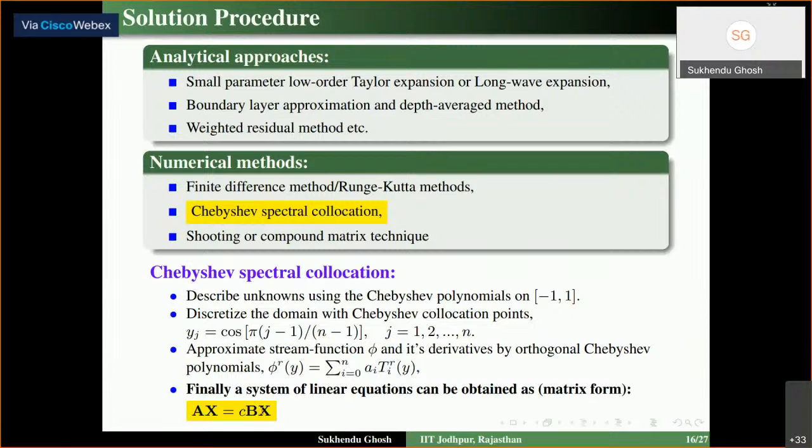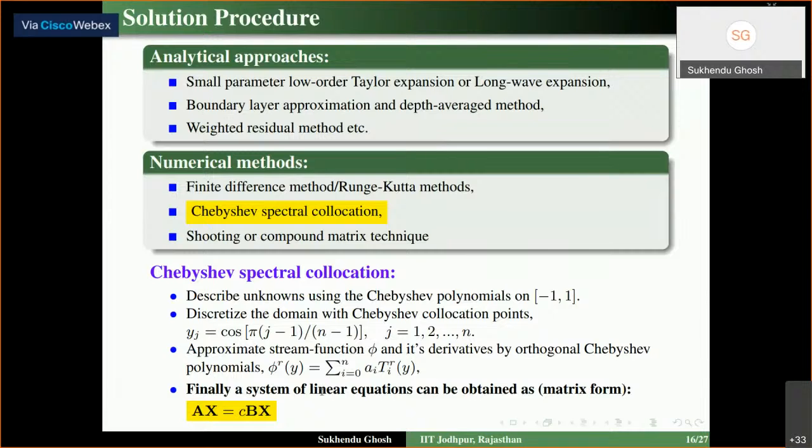Ax equals C into Bx, where A, B are coefficient matrices, C is the eigenvalue and x is the set of unknowns. You are familiar with systems of equations like Ax equals 0 or Ax equals b, where A is a coefficient matrix and x is the set of unknowns. In the first case, Ax equals 0 is a homogeneous system of equations. In the second case, Ax equals b is a non-homogeneous equation.